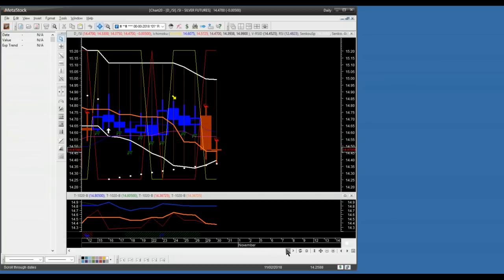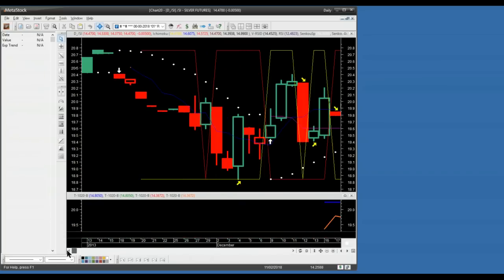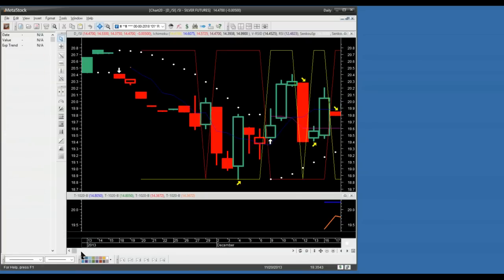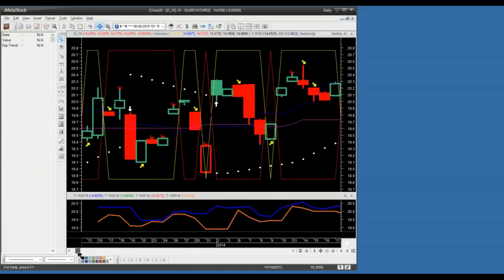And people were like, oh my goodness. Well, let's see how far back I am here. All right, this is back, even back here, 2013. Every time there's nuances in these markets, the system is sensitive and picks it up.